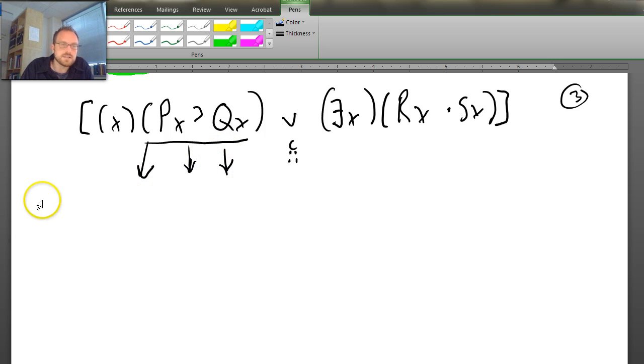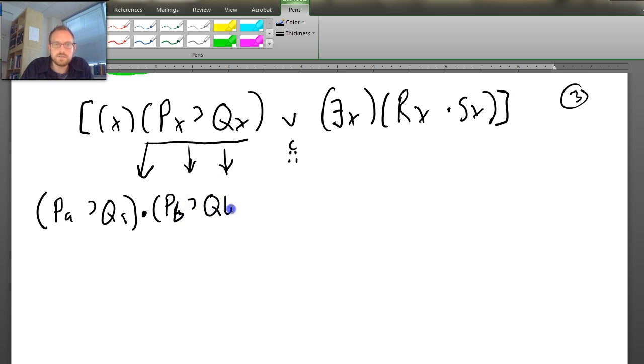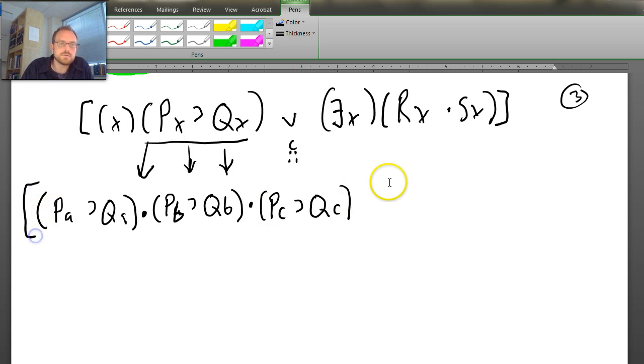So we're going to put PA, then QA, and there's my conjunction. PB, then QB, conjunction, PC, then QC, right? So that's the first one, and then we'll put a bracket in there.